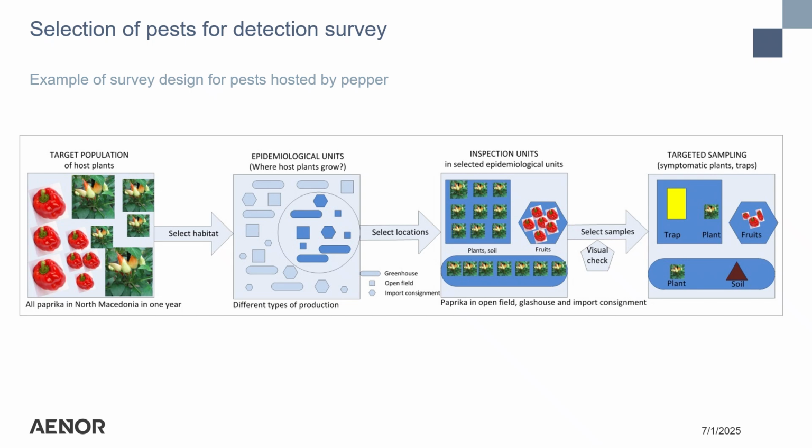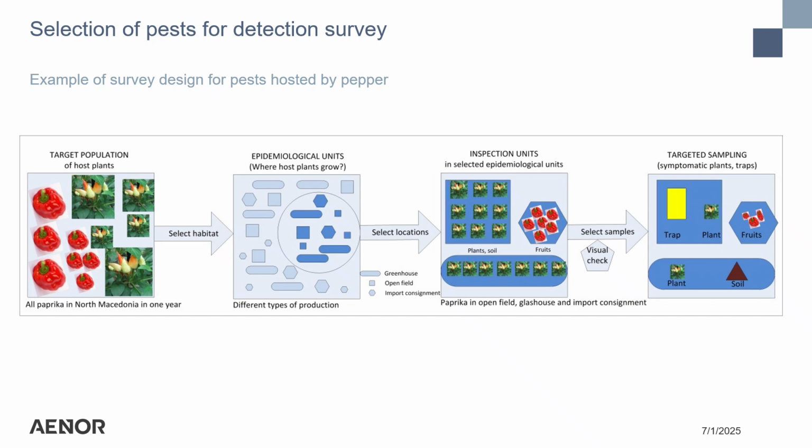For each of the selected quarantine pests, a survey protocol has to be designed based on scientific knowledge of biology and epidemiology and available technical data on host plants. The detection surveys should take place in all areas where the pest concerned is not known to be present.